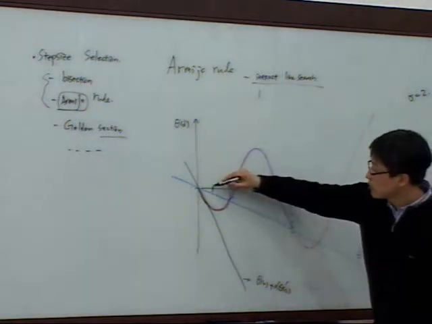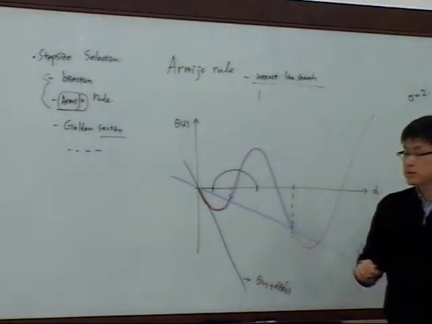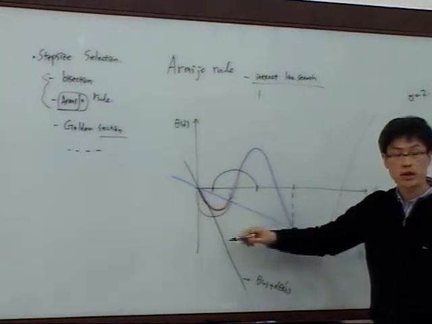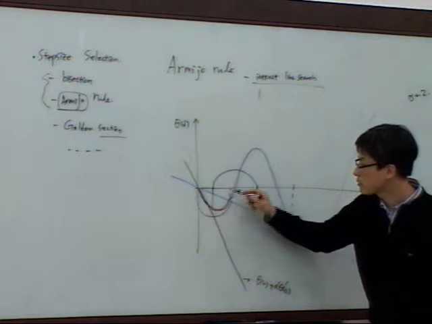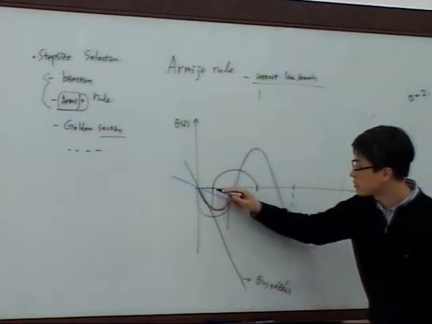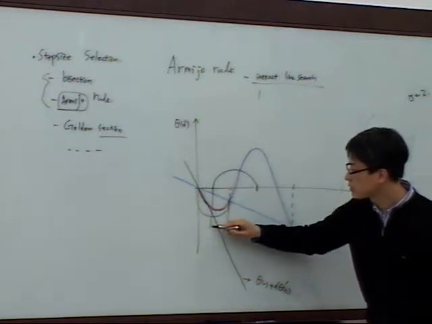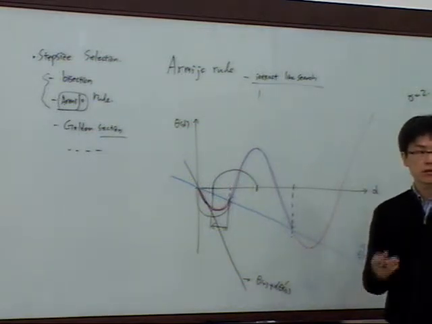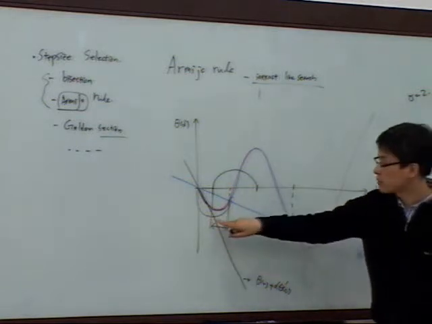So this region and this region. So the intersection of these two regions is around here. So by applying the Armijo rule, your selection of the step size range will be this region.